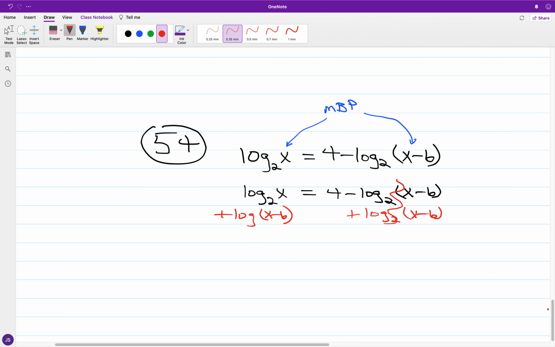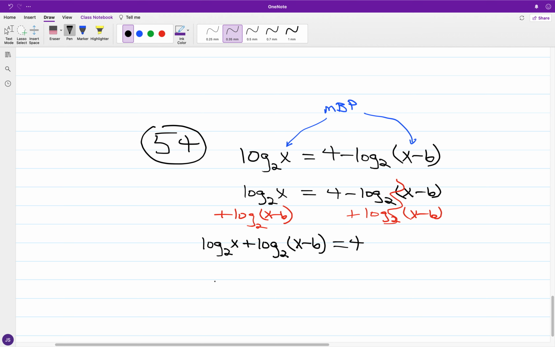So I now have the base 2 logarithm of x plus the base 2 logarithm of the quantity x minus 6 is equal to 4.